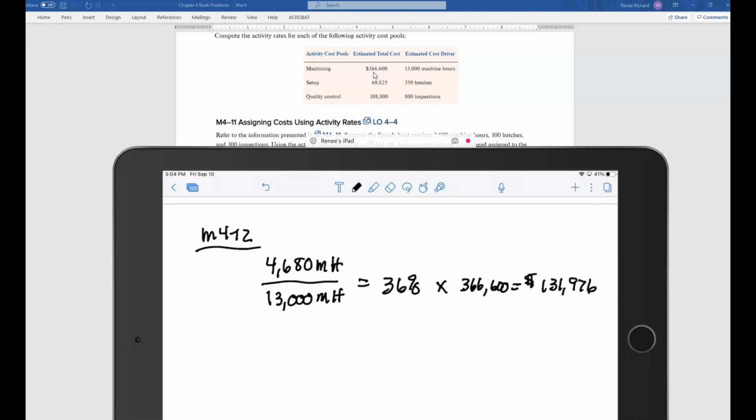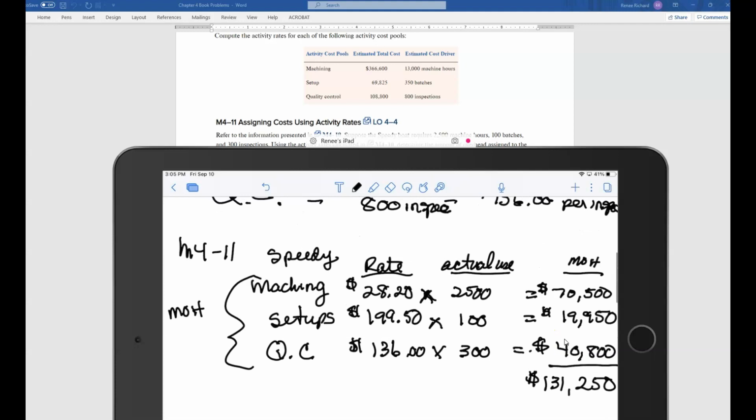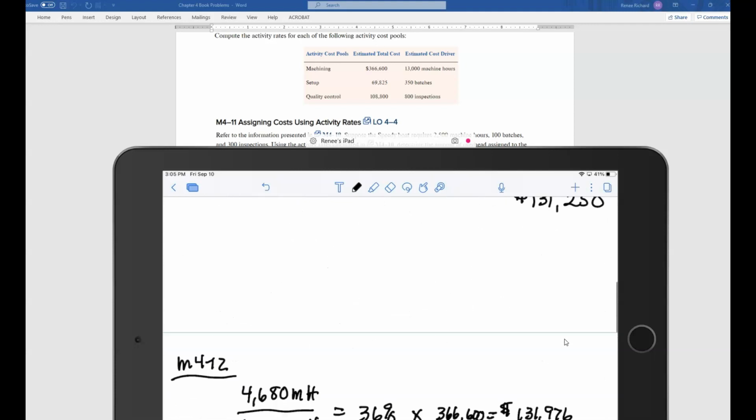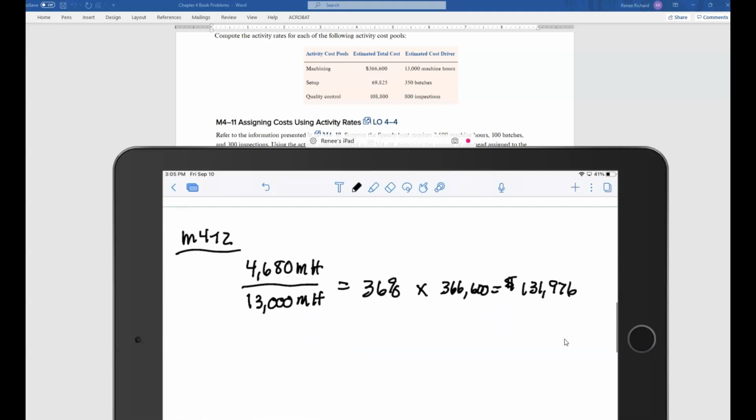And yes, you could do it a different way, but you might come up with slightly different answers because of rounding. In this one, I think you can come up with the same answer doing it this way versus activity proportions. But in some of the problems that you will be doing for homework, the activity proportions come up with a slightly different number. So be sure you do what it says.